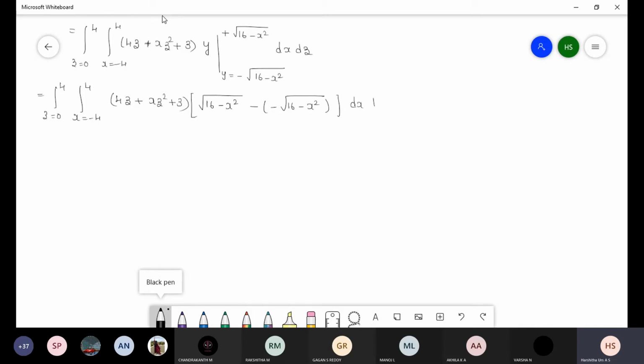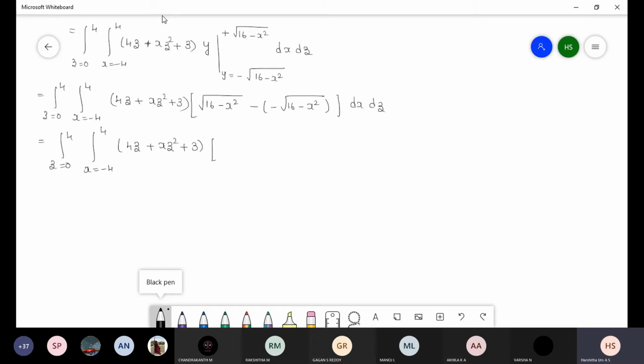Here I write dx into dz as it is. Now z is equal to 0 to 4, x is equal to minus 4 to 4. I write 4z plus xz square plus 3 as it is. Here minus into minus is plus.